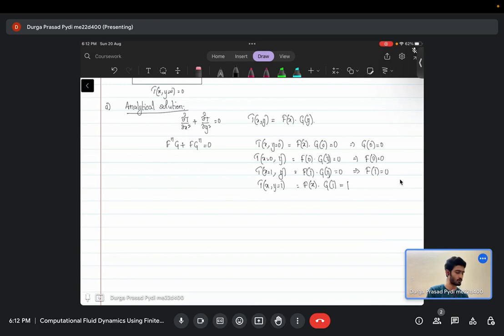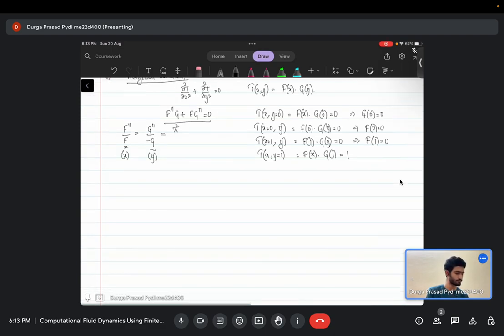Now we'll take the original equation. If we rearrange it, I'll get f double prime by f equals minus g double prime by g. This is purely a function of x, and this is purely a function of y. You have something which is purely a function of x and something that is purely a function of y, and the ratio should be equal. It's only possible if you have it equal to some constant, say lambda square.